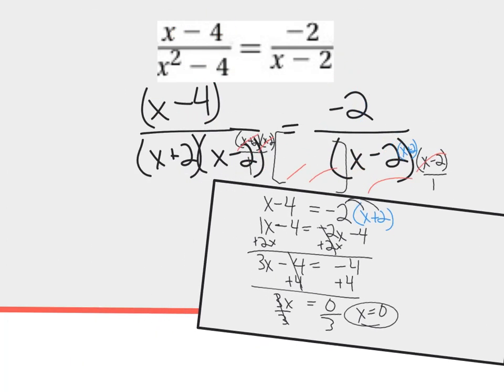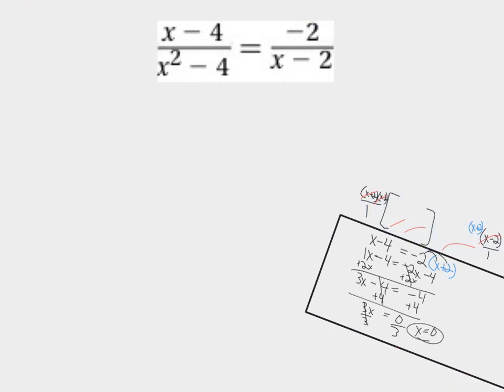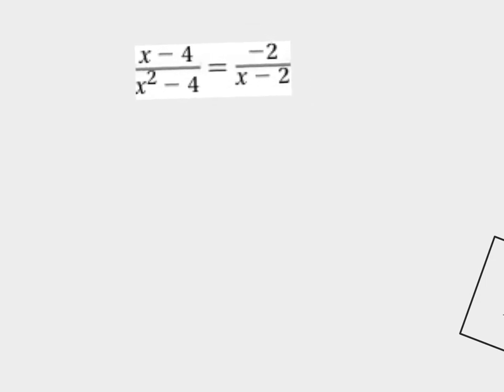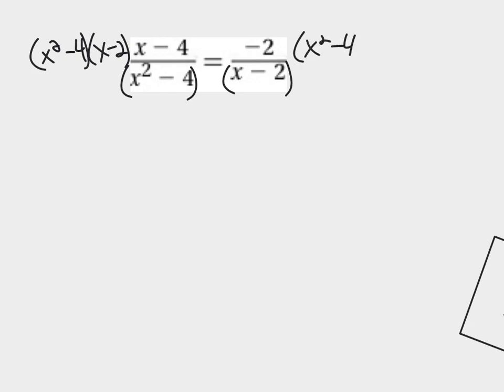So going back to the original problem, if instead of trying to factor that first denominator, if we either didn't factor it or if we just cross multiplied, let's say we just didn't factor it. So let's say we thought we needed x squared minus 4 times x minus 2 on both sides.